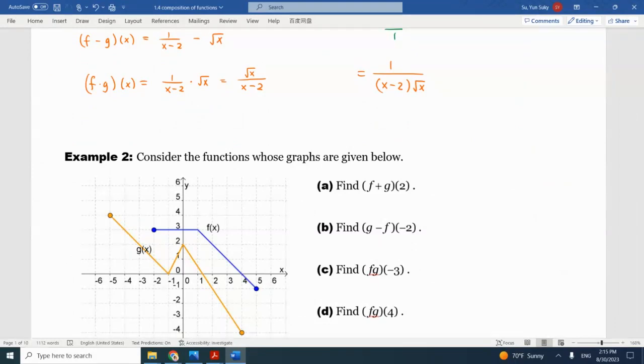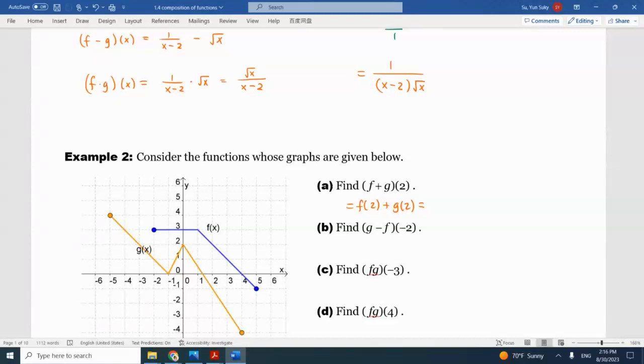Right. Okay, example 2. Consider the functions whose graphs are given below. F plus g of 2, so this is f of 2 plus g of 2, right, everybody? How about you guys take turns to answer my questions? Hi, Sierra. Okay, Sierra.